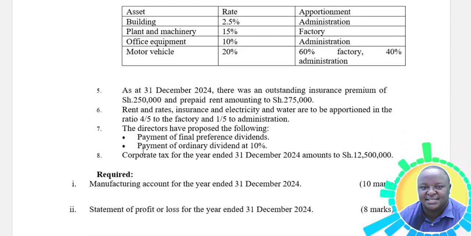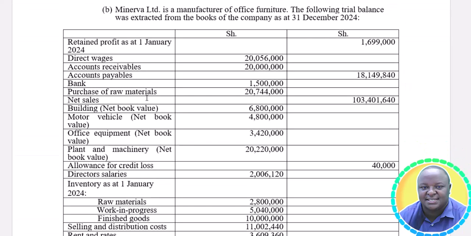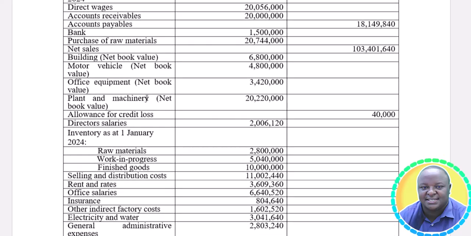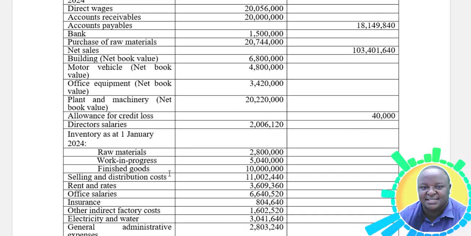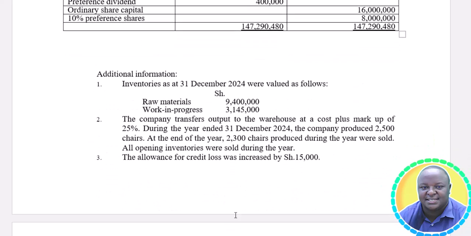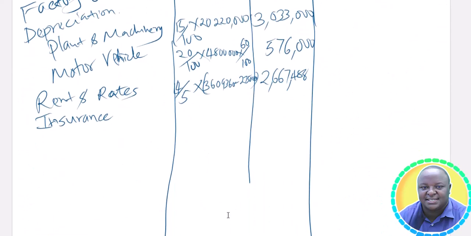So we are going to take 250 and add the insurance amount given here, 804,640. So we will do 4/5 times the figure in the insurance, 804,640 plus 250,000.